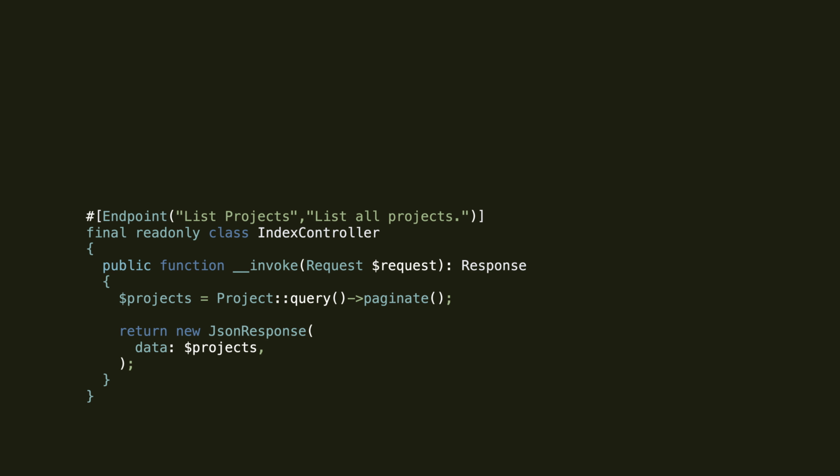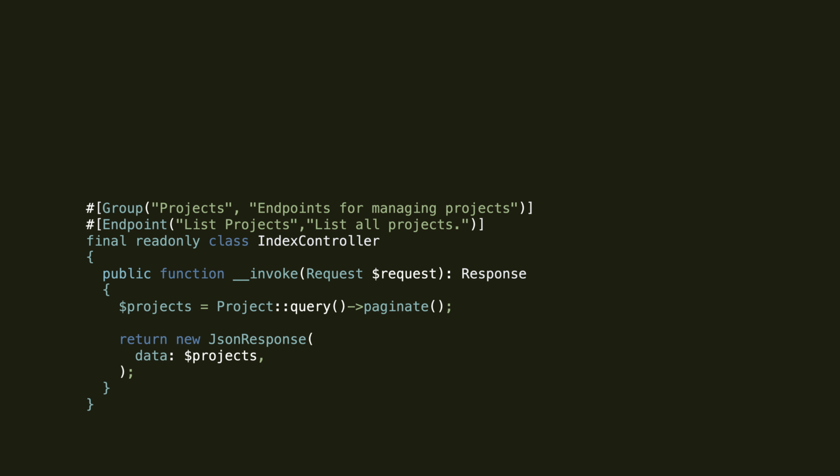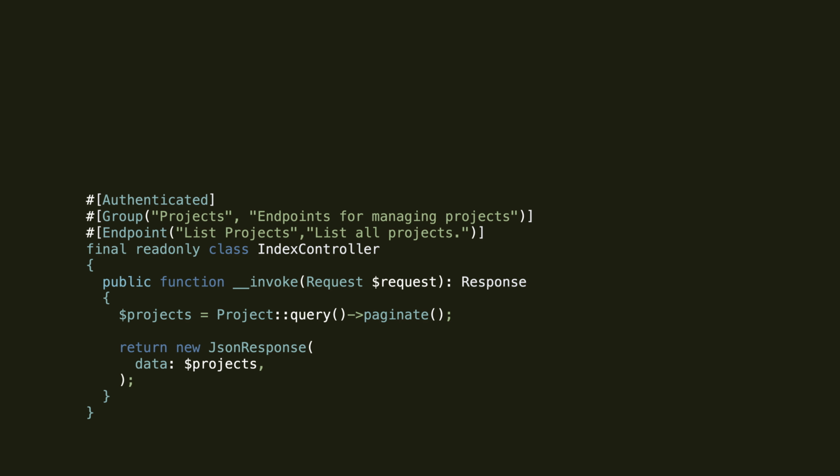You can go into a lot more detail here, and you can add HTML elements into here as well. Next, we're going to add the group attribute, and what this allows us to do is to group and subgroup collections of endpoints or requests into logical areas for our specification and documentation. Here we are creating a projects group, and the description for this is endpoints for managing projects. Much like endpoint, you can add HTML into here if you need it. Another important attribute is authenticated.